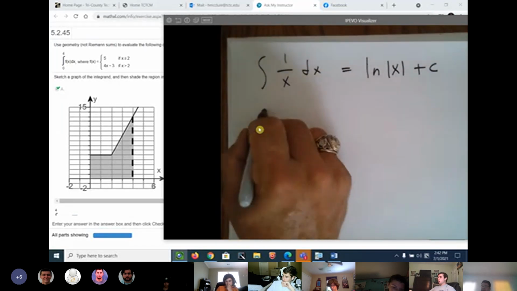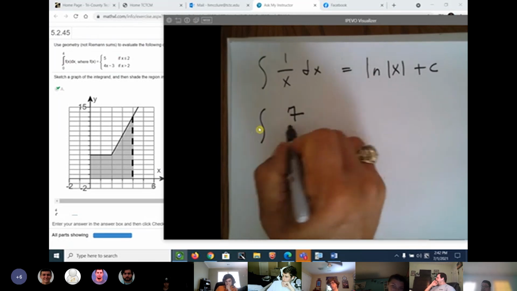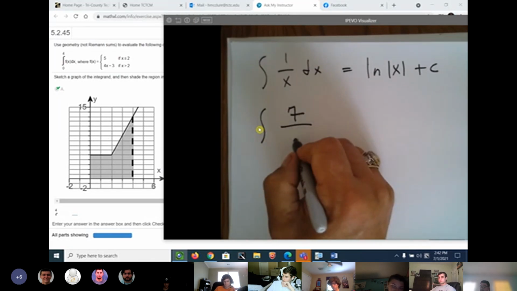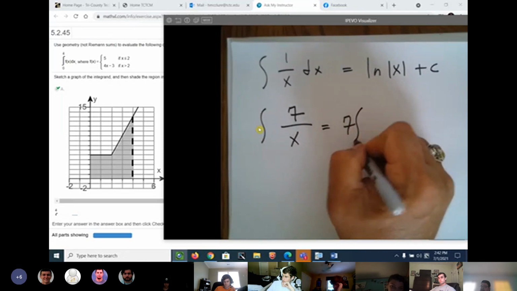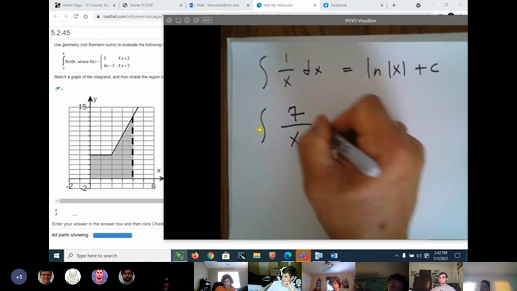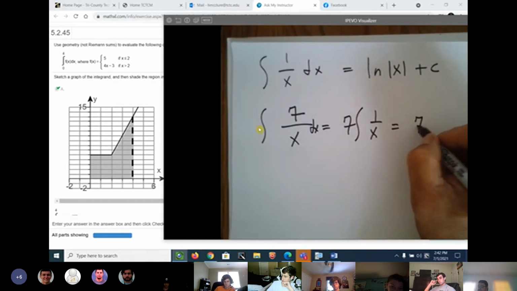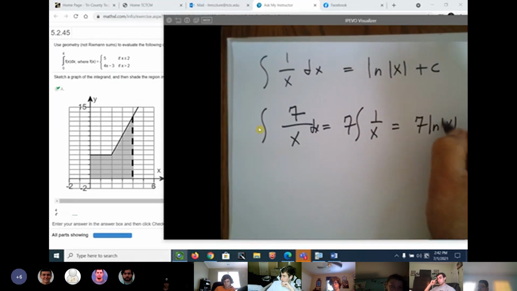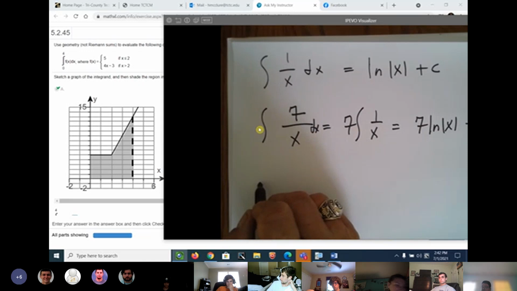The antiderivative of 7 over x is equal to 7 times the antiderivative of 1 over x dx, and that's equal to 7 natural log of x plus c. And you've got your cheat sheet that shows you these. And then one that just make one up.